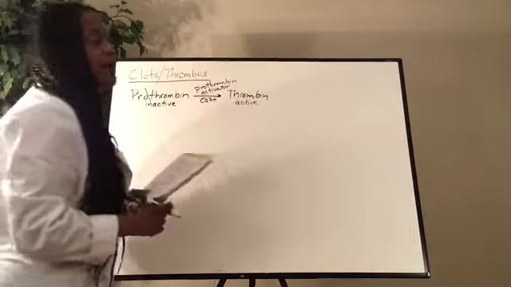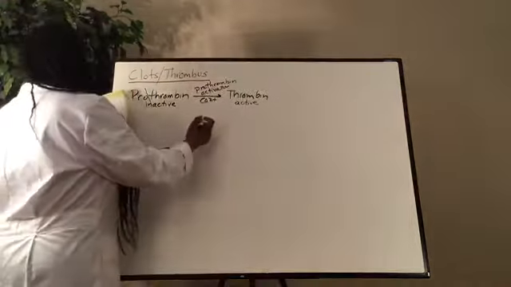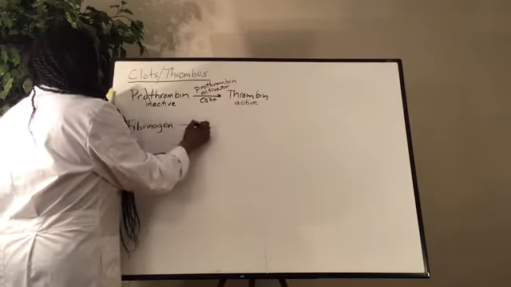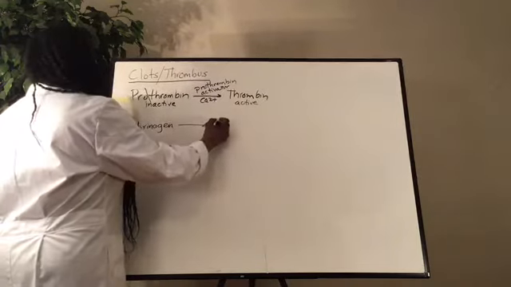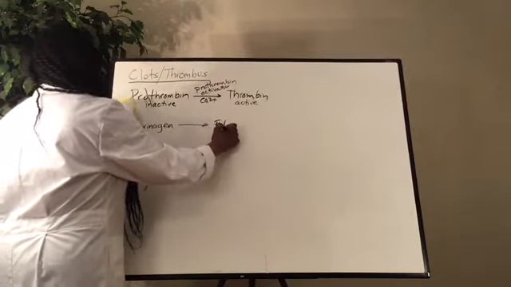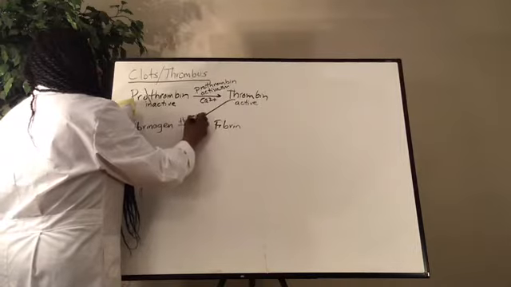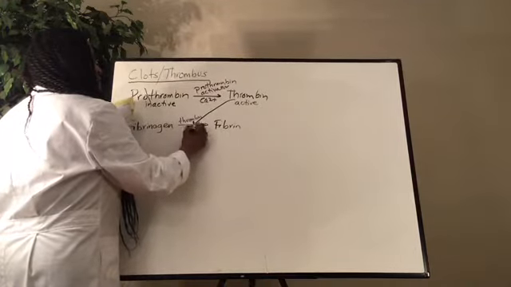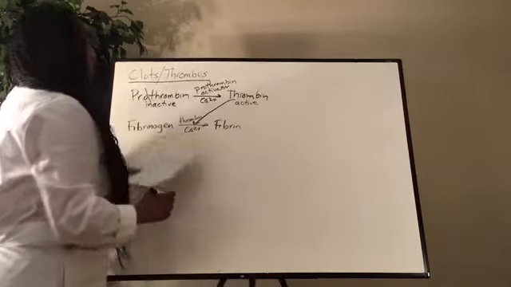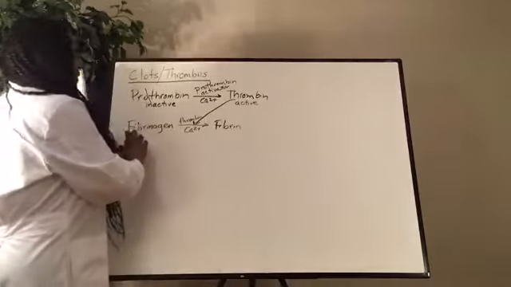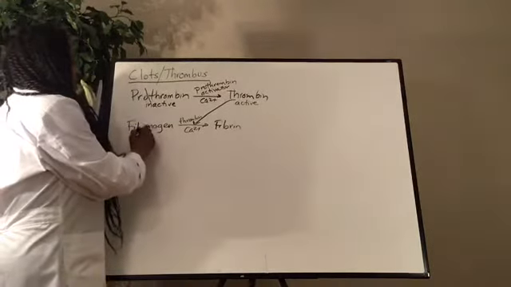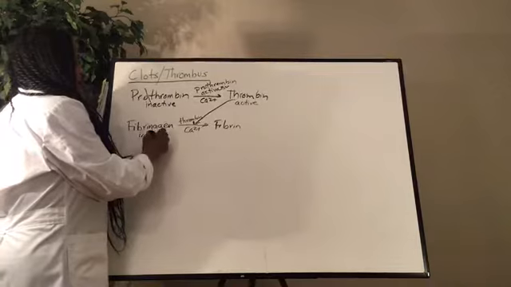Why do we need that? Because fibrinogen is going to have to utilize thrombin here. So thrombin comes here, and also calcium, to make fibrin. Here's fibrinogen, another big clunky molecule that's inactive.